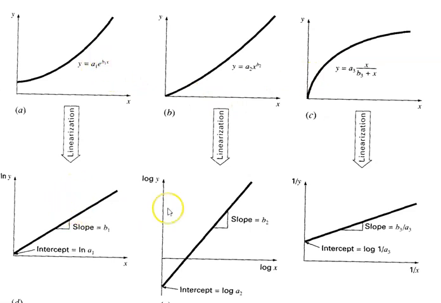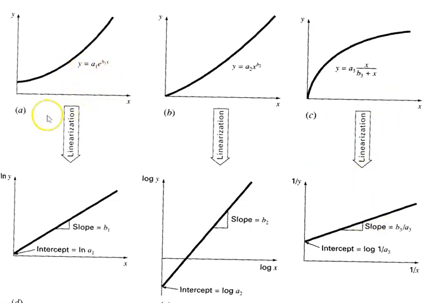As you can see, there are three linear relationships here. These are the linearized versions of the corresponding models from simple transformation. This one is from the exponential model after linearization, this is for the power model, and this is for the saturation growth rate model.